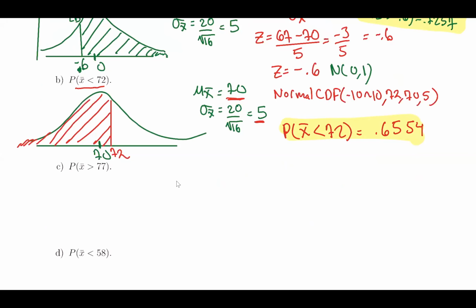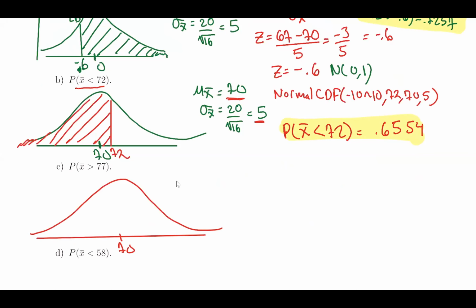So for C, which way do you want to do it? The first way or the way that we just did it right now? So the way we did it for A or the way we did it for B? Very cool. So B has it. So 70 would go in the middle.